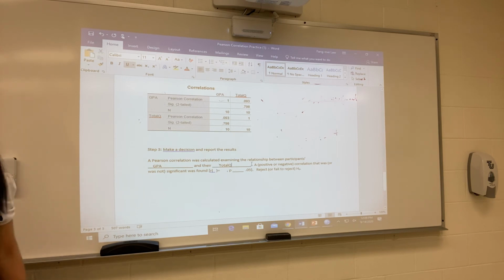Positive or negative? Still positive. This time it is positive. And they are still not significant, was not. The degree of freedom is the same, 8, equal to 0.093, and they are greater, and they fail to reject.